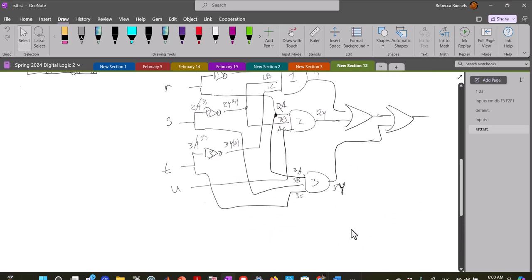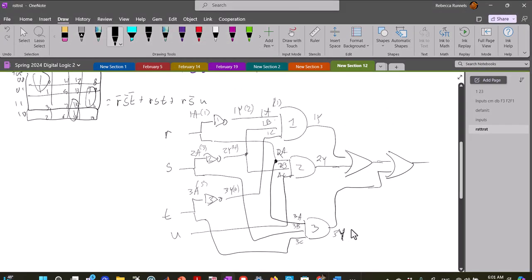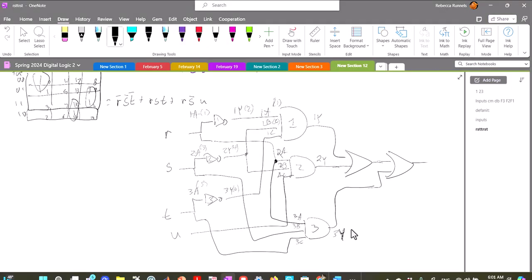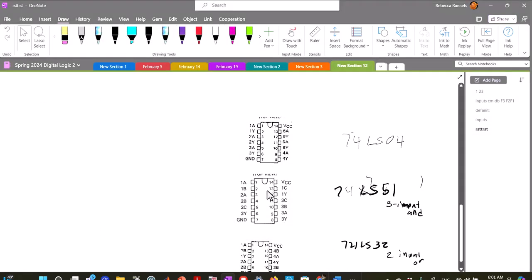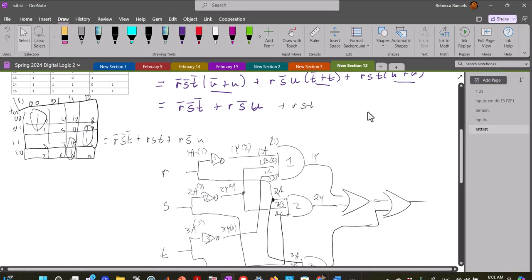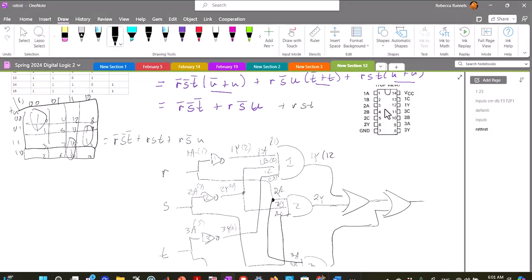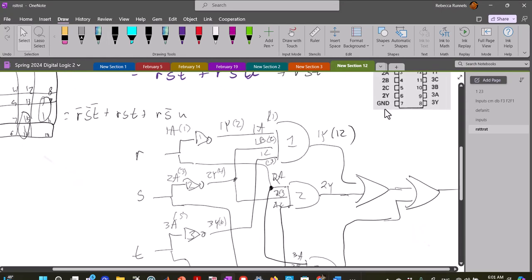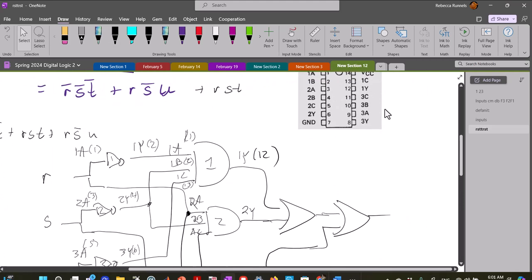So 1, 2, 13. And 1Y is 12. 2A and 2B are 3 and 4.